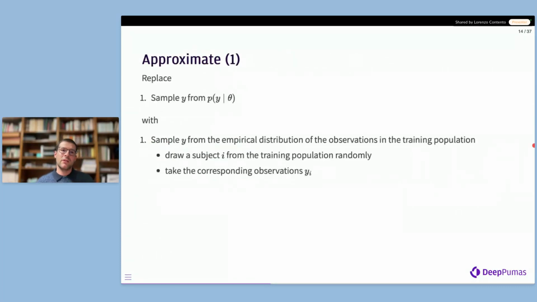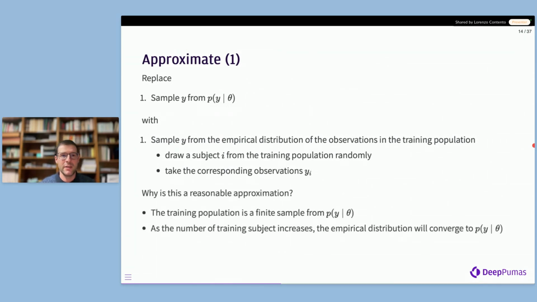So instead of sampling from the distribution of the observation, a reasonable way to approximate this is to sample from the empirical distribution of the observation in the training population. So we draw a subject from the training population and then choose the observations corresponding to that subject. Why is this reasonable?